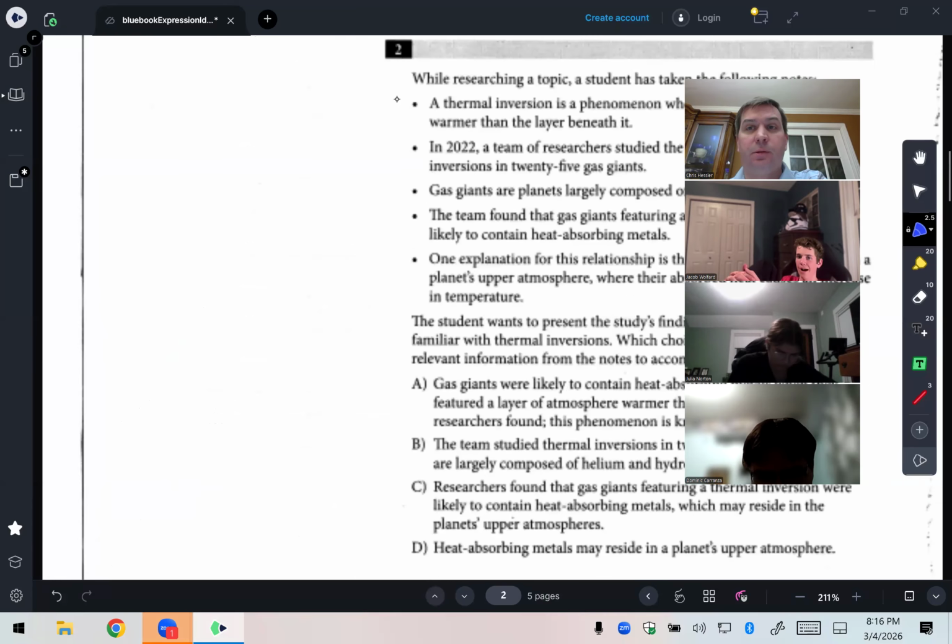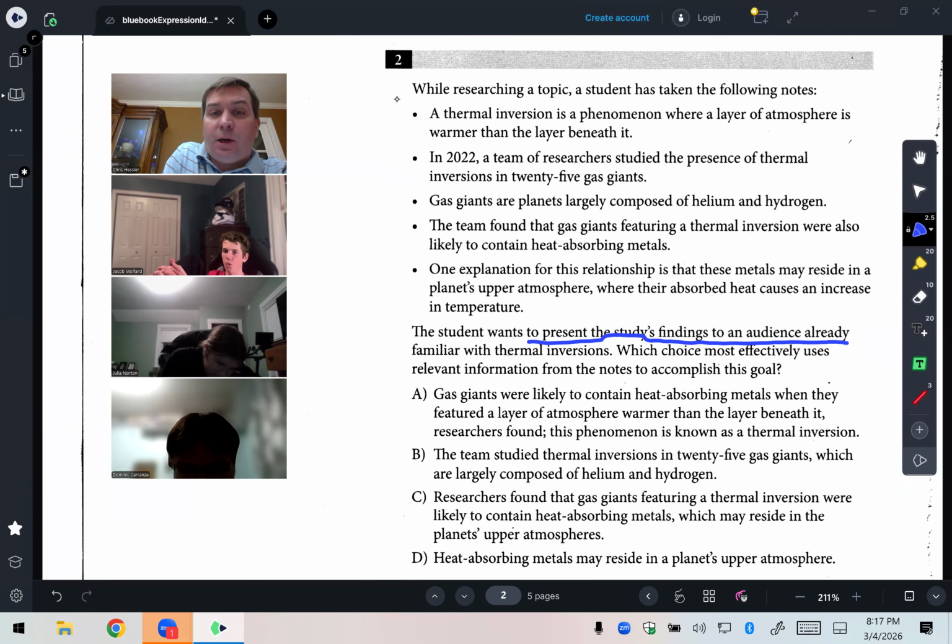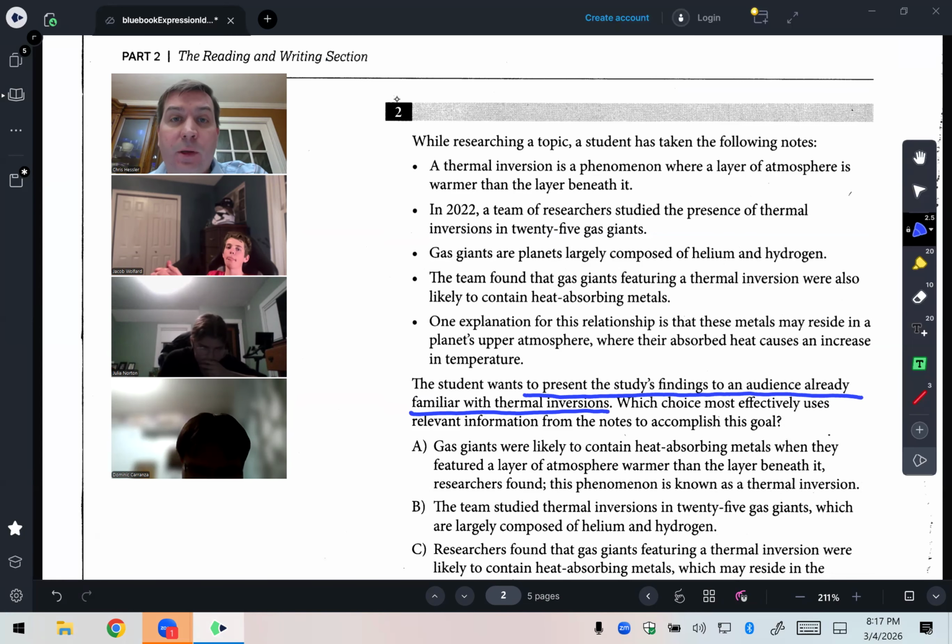All right, student notes. The student wants to present the study's findings to an audience already familiar with thermal inversions. Okay, here we go. While researching a topic, a student has taken the following notes. A thermal inversion is a phenomenon where a layer of atmosphere is warmer than the layer beneath it.